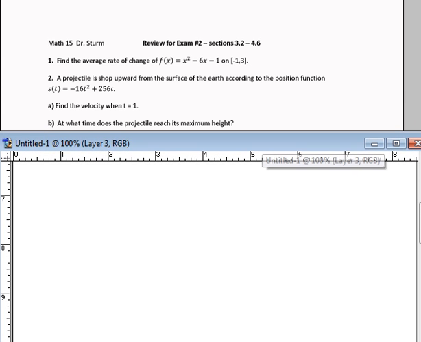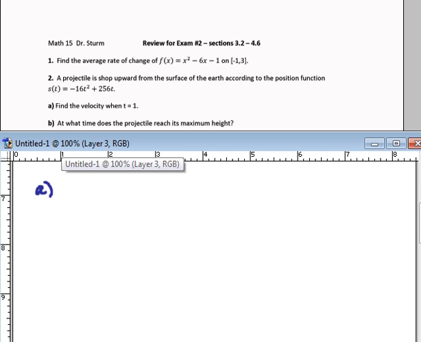Okay, so we have a projectile is shot upward from the surface of the earth according to the position function s of t is equal to minus 16t squared plus 256t. Find the velocity when t is equal to 1. Well, the velocity function is the derivative of the position function.